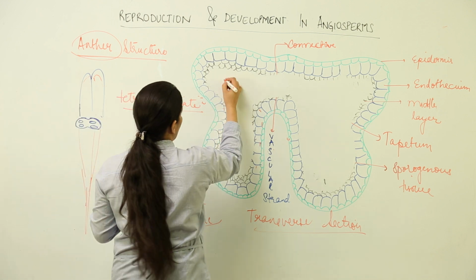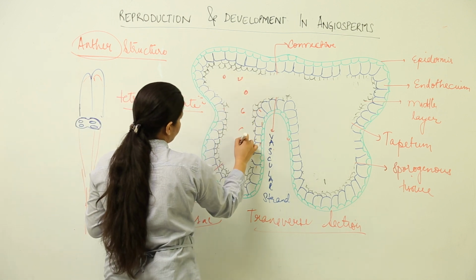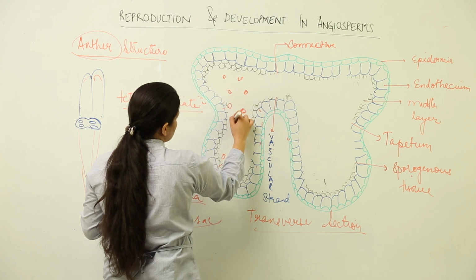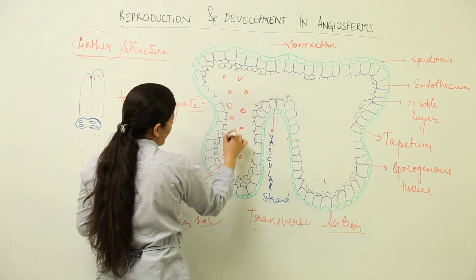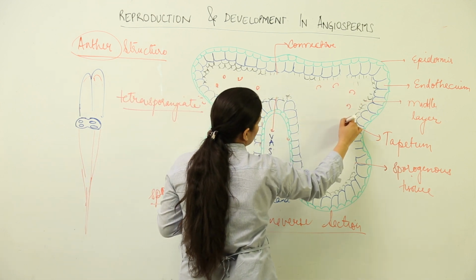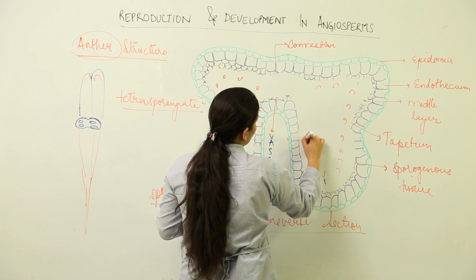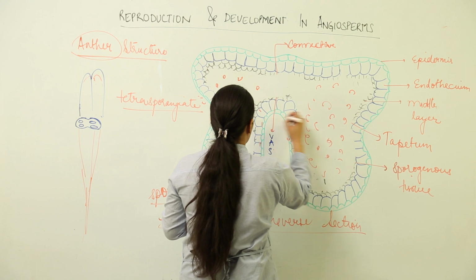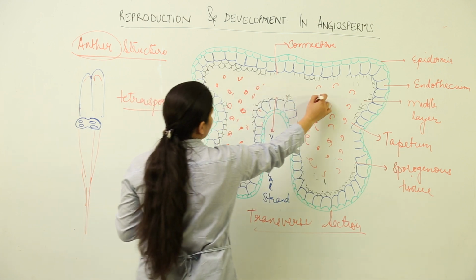So you are going to find pollen grains over here. Those pollen grains are formed by a long process known as microsporogenesis.